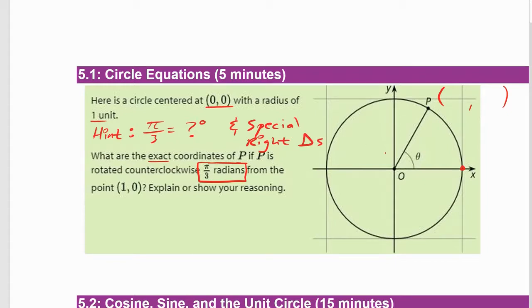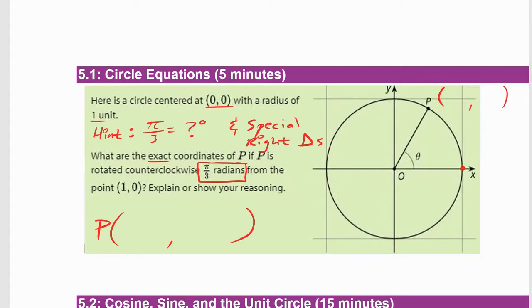So could you find a way to draw a special right triangle inside that circle? And then what could you use math-wise, something you learned in geometry, to figure out how to represent your exact coordinate of P?